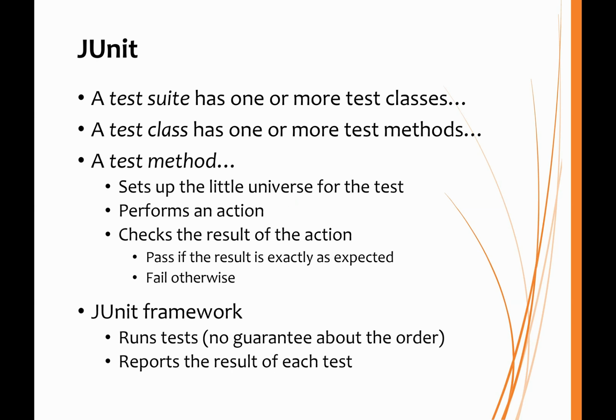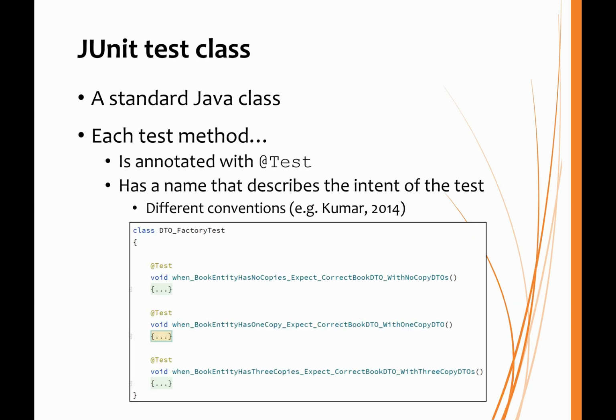It should depend on nothing that is outside of the test itself. A JUnit test class is a standard Java class and has some annotations. For example, each test method will be annotated with @Test, and that tells the testing framework that it has to execute this method as a test.